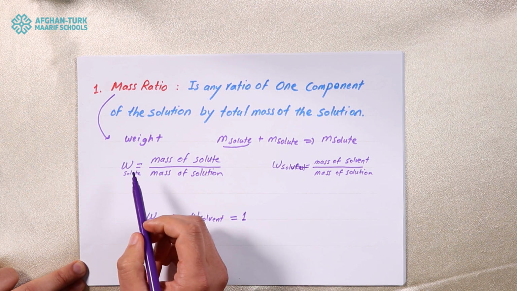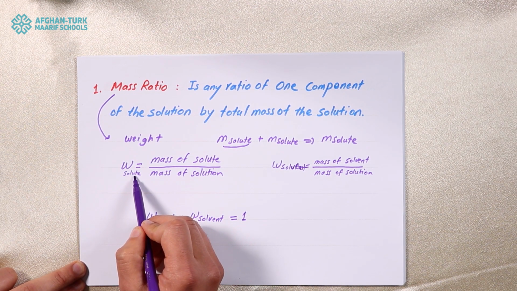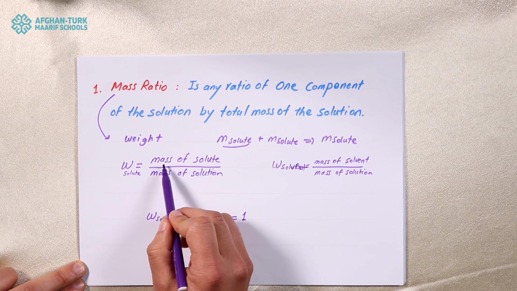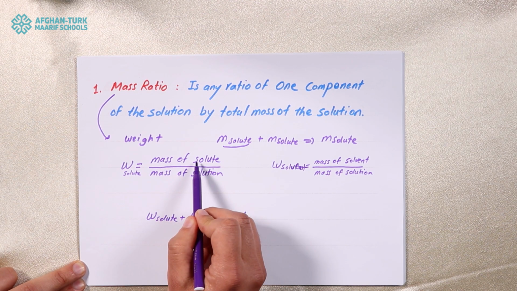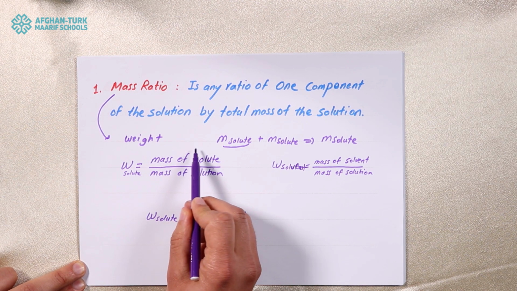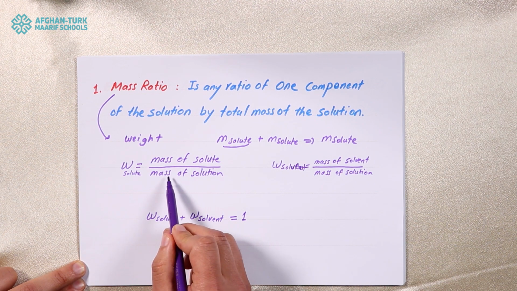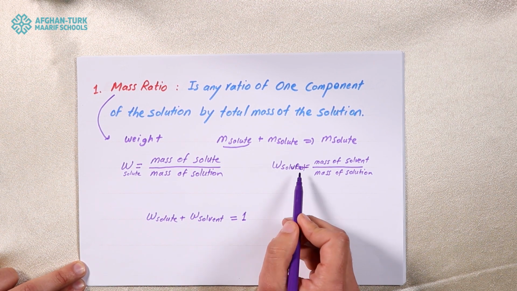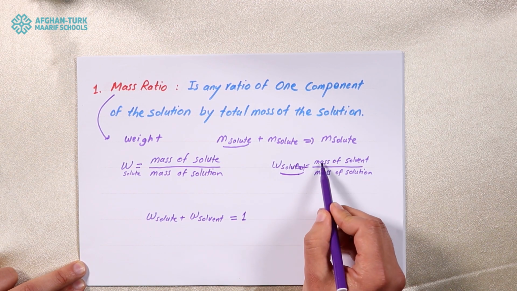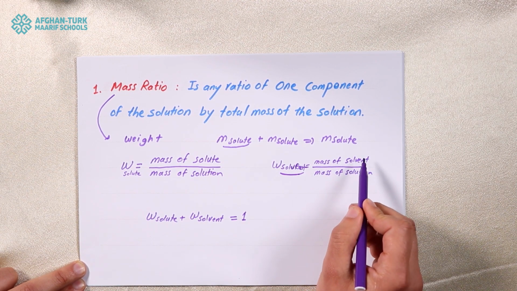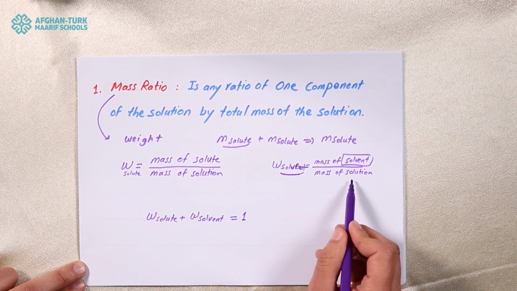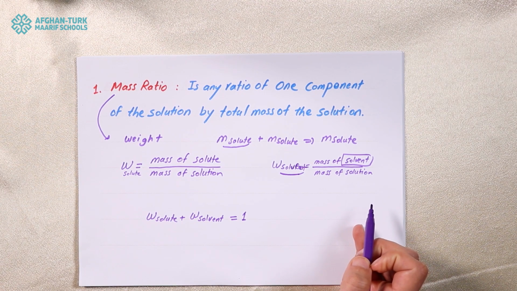When we are going to find the weight ratio of solute, every time the mass of the solute we should write in the numerator and the mass of the solution in the denominator. Also, when we are going to find the mass ratio of solvent, the mass of solvent should be in the numerator, it is so important, and the mass of the solution in the denominator.